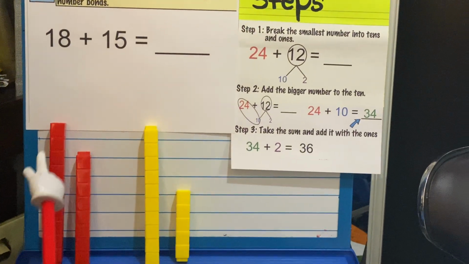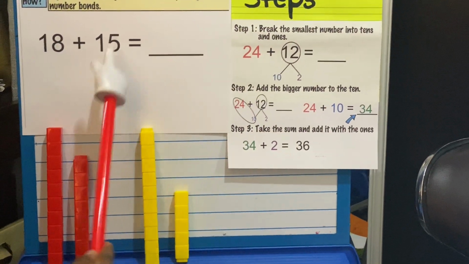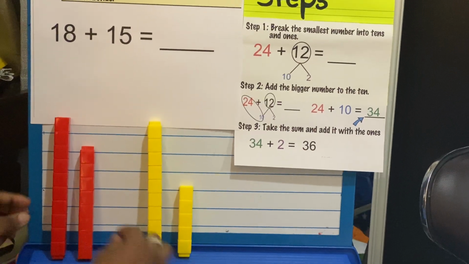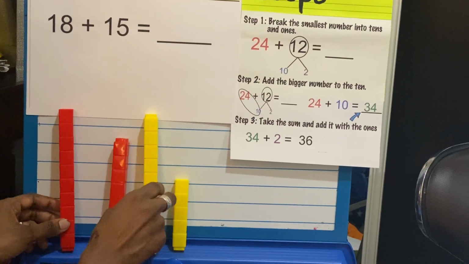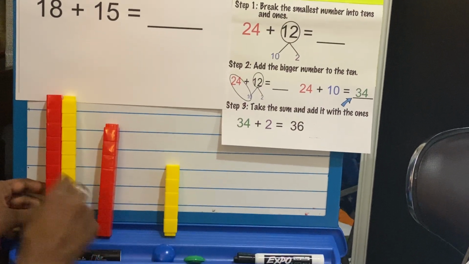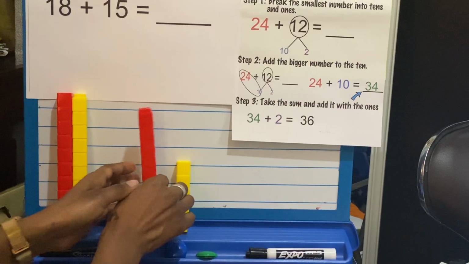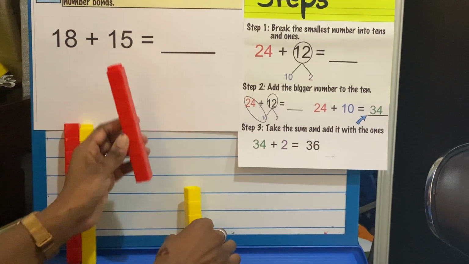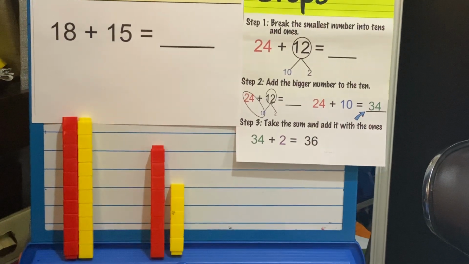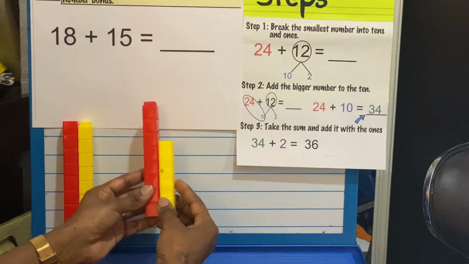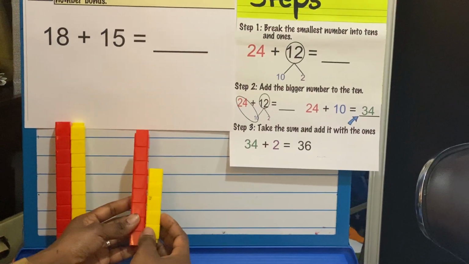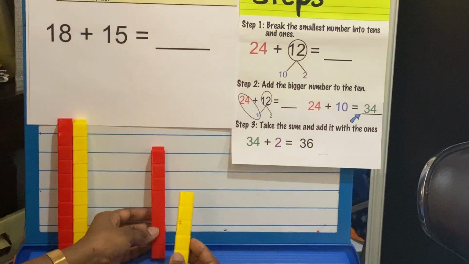So the quickest way to add 18 plus 15 is by using our manipulatives. I can easily combine my tens. So now I have 2 tens, and then I have 8 ones plus 5 ones. What do you notice now about these ones? Can we make a 10? Yes. We have 8.